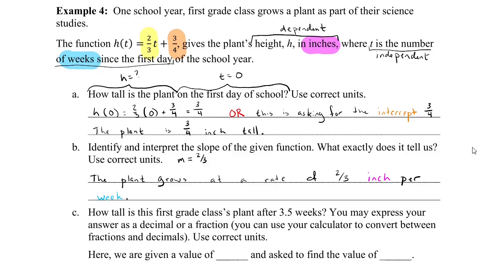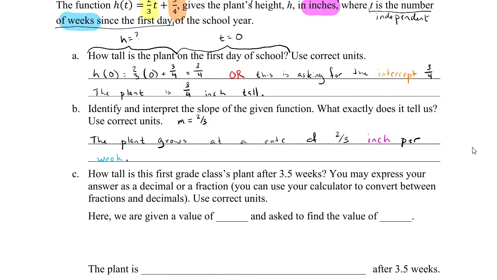Okay, and again, we can use this equation to answer questions. So, how tall is the plant? That's asking us for the value of h. After 3.5 weeks, that's telling us the value of t.